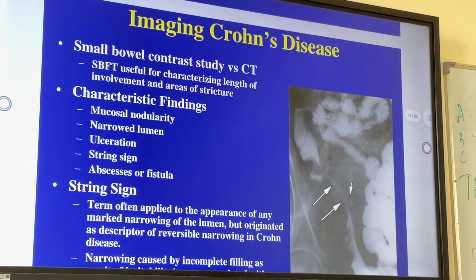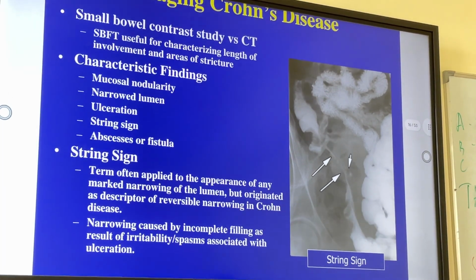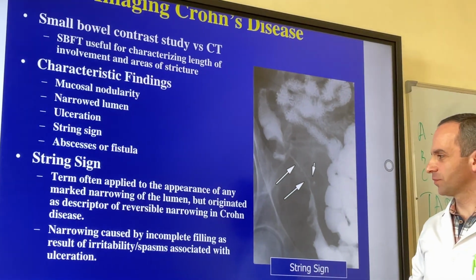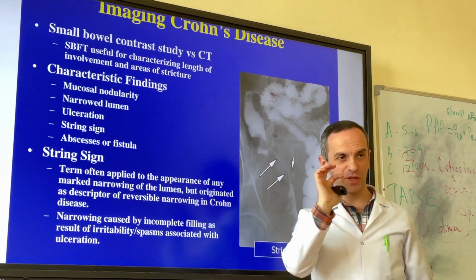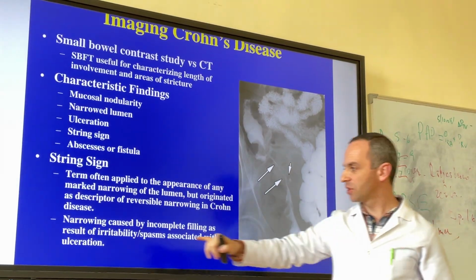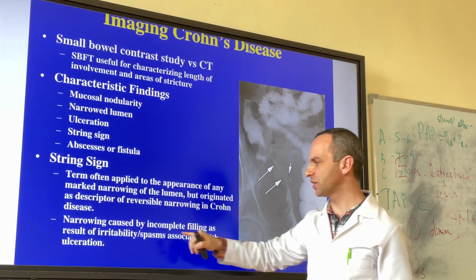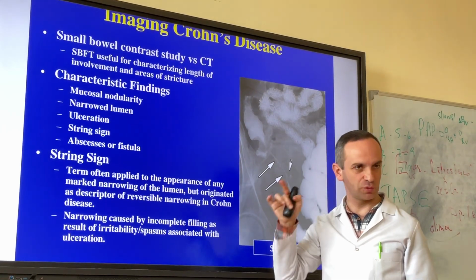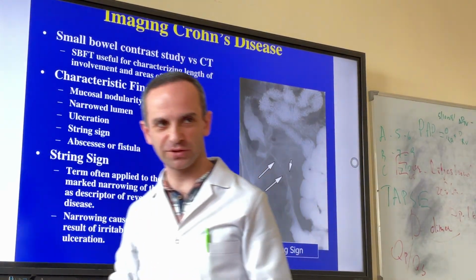This is the string sign, look. You see. The string sign may be partially due to spasm as well. Narrowing caused by incomplete filling as a result of irritability and spasm associated with ulceration. So, structural and functional problems.